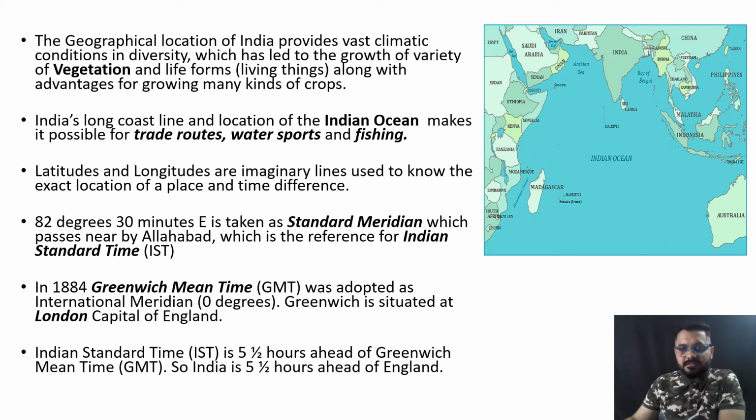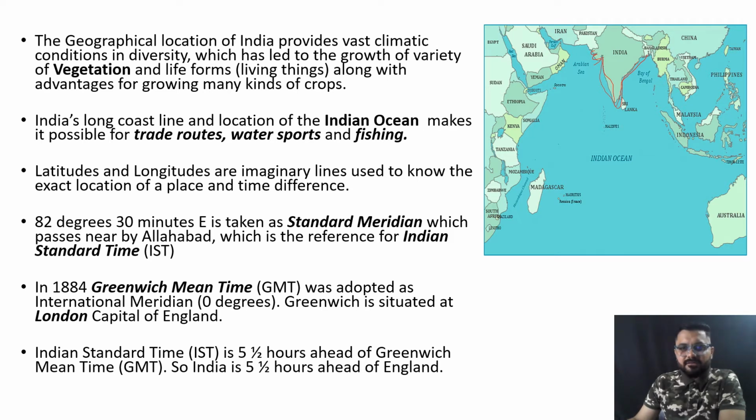Okay, so if you look at the map of India here, you can see that most of the land of India is covered around the oceans. It is covered around the Indian Ocean.